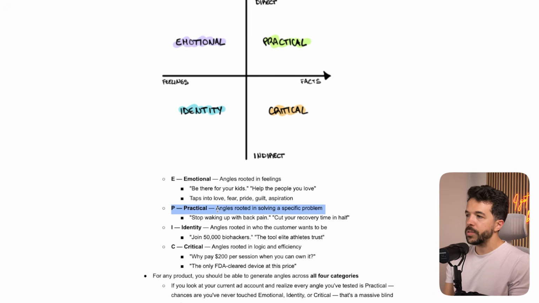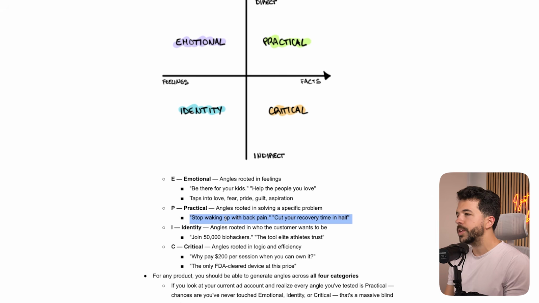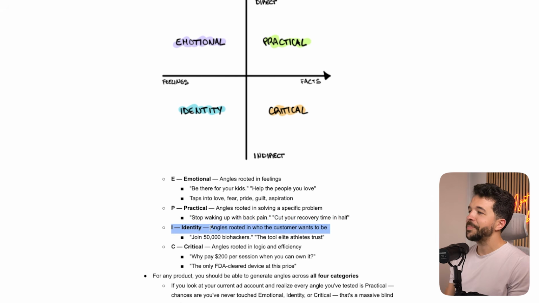P is practical. These are angles that are rooted in solving a specific problem. Stop waking up with back pain. Cut your recovery time in half. I, identity, angles rooted in who the customer wants to be. Join 50,000 biohackers, the tool elite athletes trust. And C, critical, so angles that are rooted in logic and efficiency.